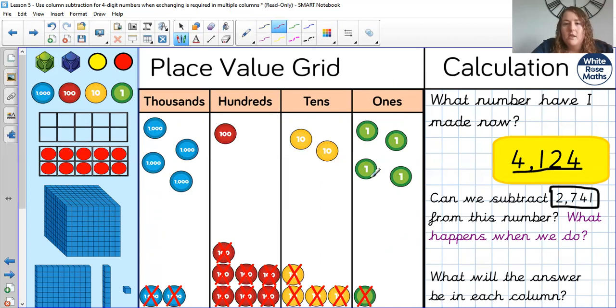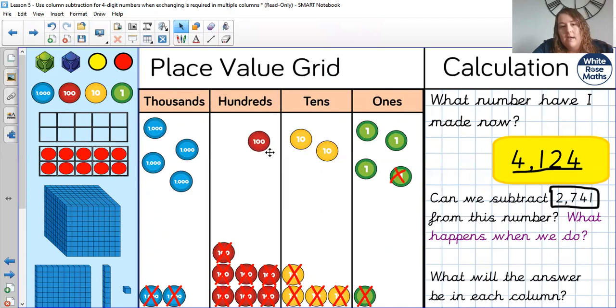Okay, starting off in my ones column, I've got 4 ones and I need to take away 1, so I can do that. Next column's in my tens, I've got 2 tens, but I need to take away 4. Now I can't do that at the moment. So I'm going to need to exchange. So I'm going to take my hundreds counter, move it across, and now I'm going to exchange it. So it would show 12 in the formal method, but I need to get rid of that 100 and swap it for 10 tens.